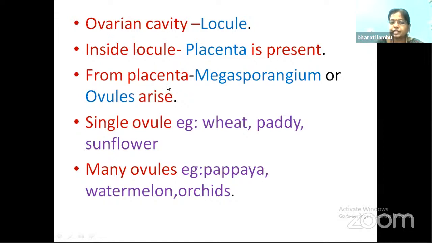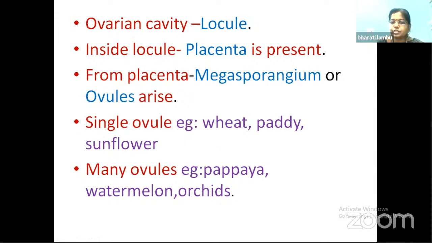So from the placenta, what will arise? The megasporangium or the ovules. Megasporangium is nothing but the ovules. It is not the ovary. Megasporangium is the ovules. So there may be a single ovule or many ovules. Single ovule means in the locule, only one ovule will be present.